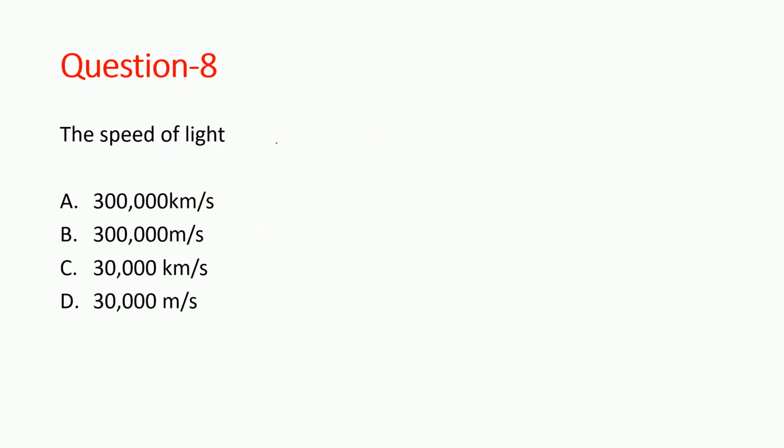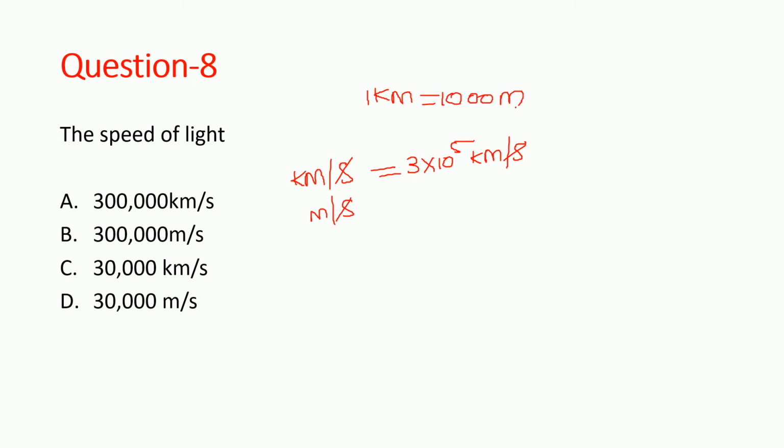Next one, speed of light. We need to see whether he is asking in kilometers per second or meters per second. If he is asking kilometers per second, we need to write 3 into 10 to the power of 5 kilometers per second. As I said earlier, 1 kilometer equals 1000 meters, so we need to add these 3 zeros.